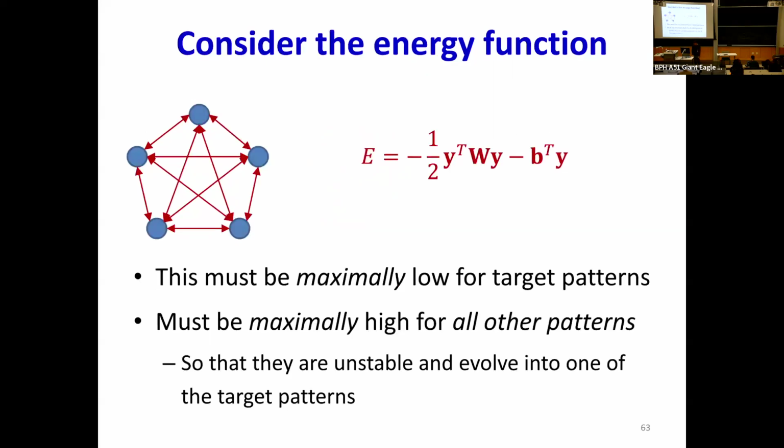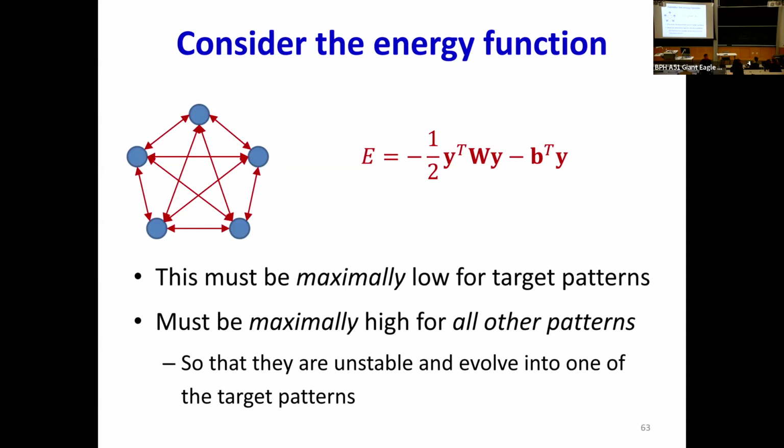So if I write down the energy, which is minus half of y transpose Wy, I want this to be a local minimum at all of the patterns that I'm trying to store. At all the other patterns, I don't want to store those, so I want to increase the energy at those.